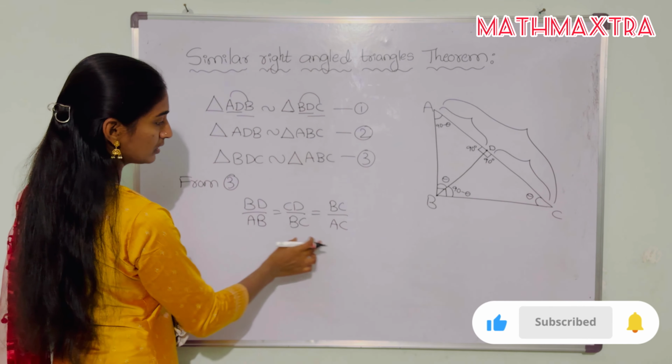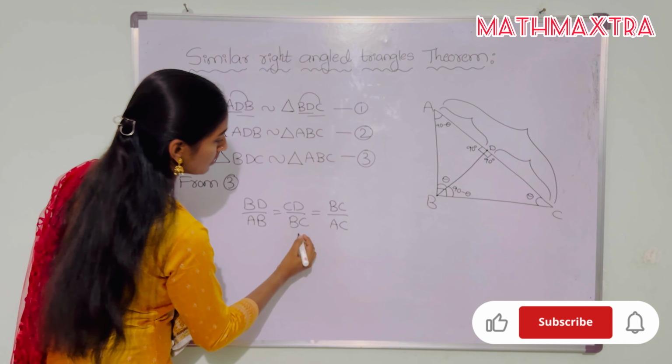From this you consider these two, right? BC square is equal to AC into CD. So this is one relation. What does it represent? BC square, nothing but a side squared, is equal to the complete hypotenuse AC and the part of the hypotenuse CD.